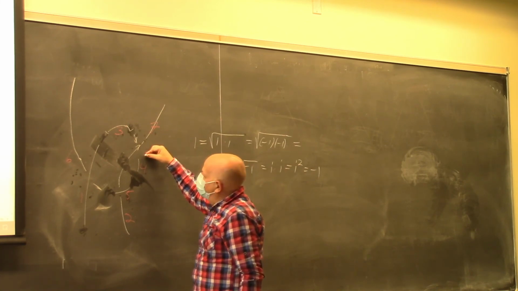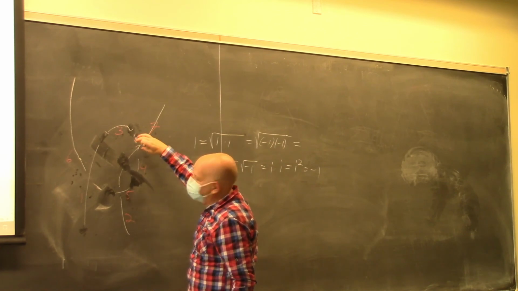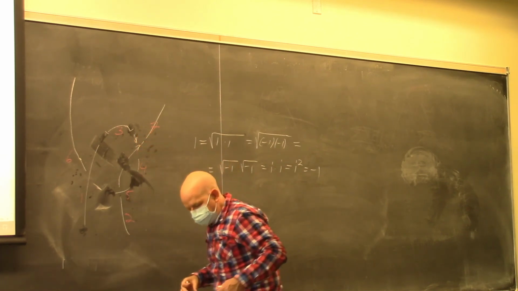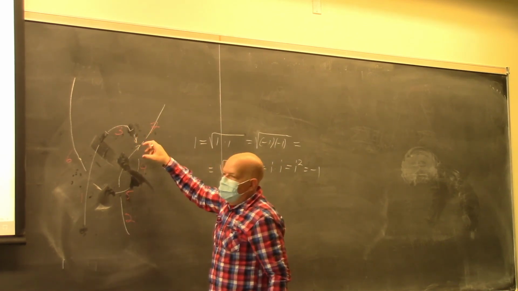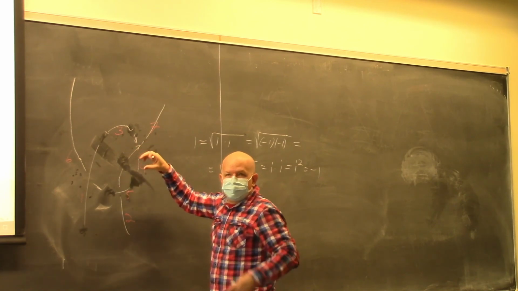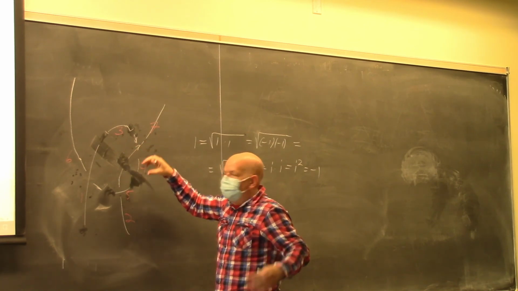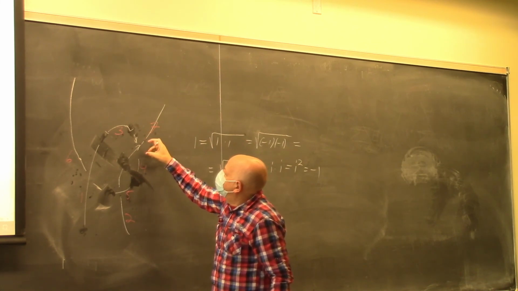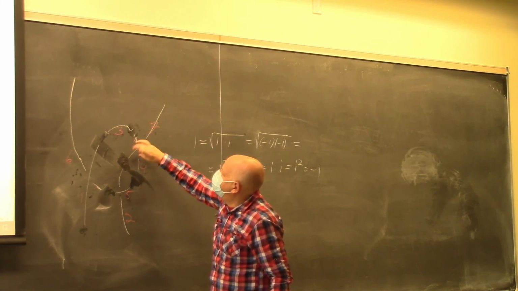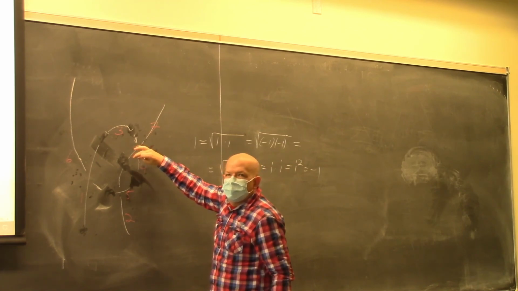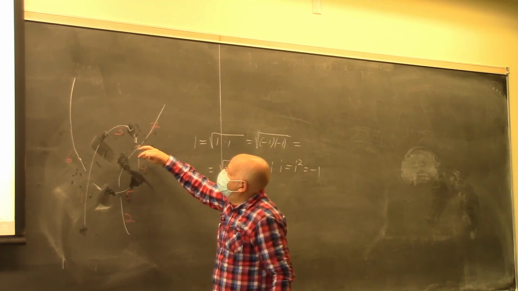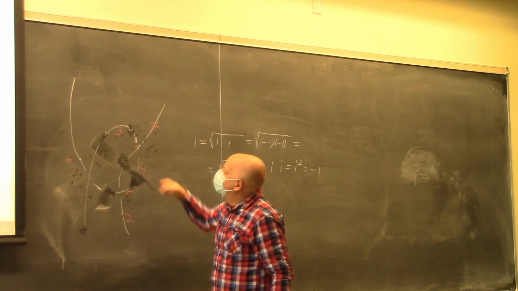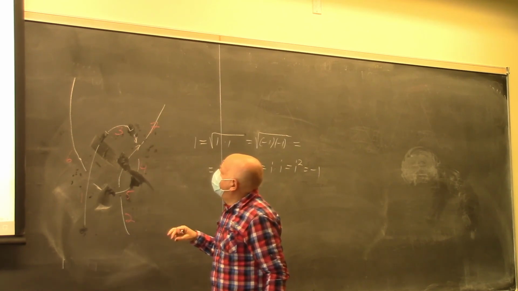So really, to write it in this standard form, I would have to rotate it 90 degrees. We could put a C bar between 4 and 5 instead of a C bar.